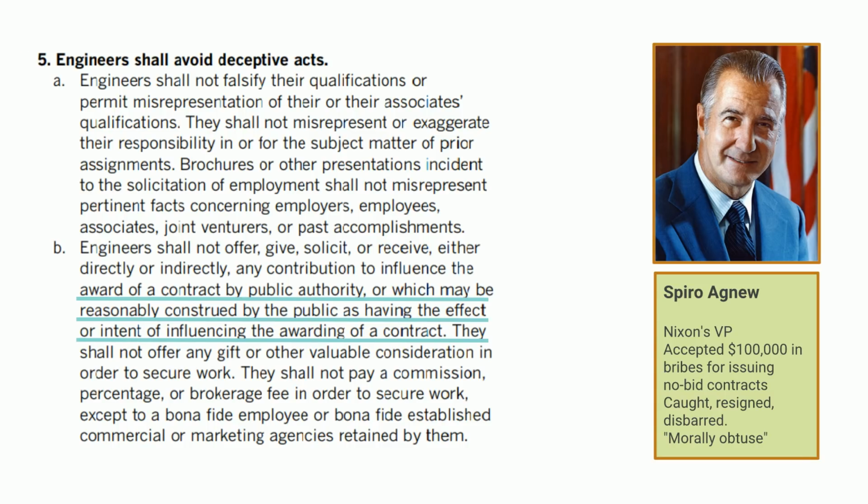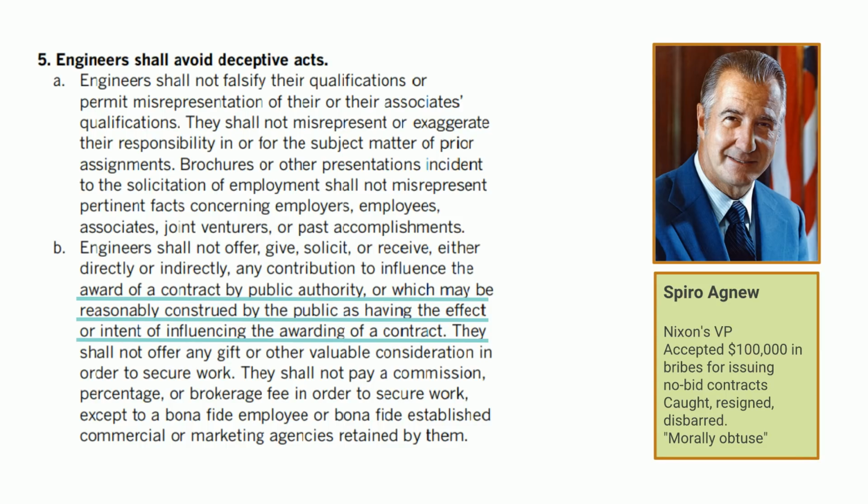One special case of this is Spiro Agnew. Your textbook talks about Spiro Agnew a little bit. Spiro Agnew was President Nixon's vice president, and he actually resigned before Nixon resigned, because this had nothing to do with the Watergate scandal. It was a completely different scandal.